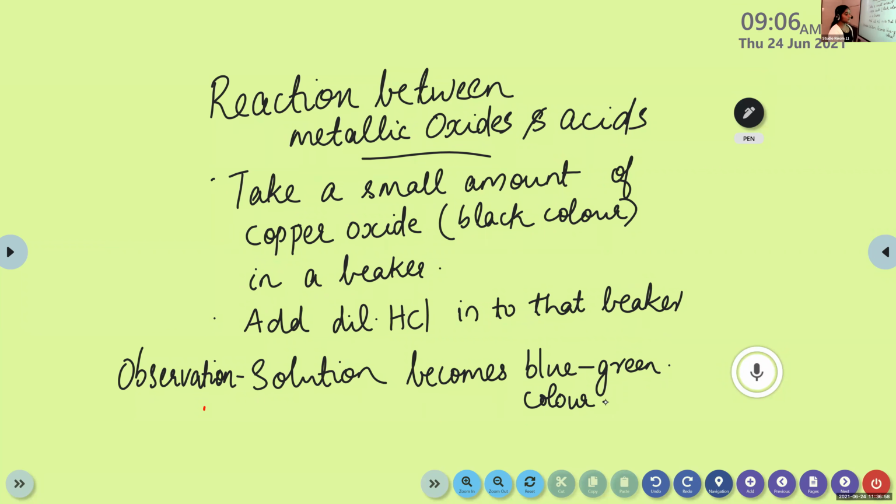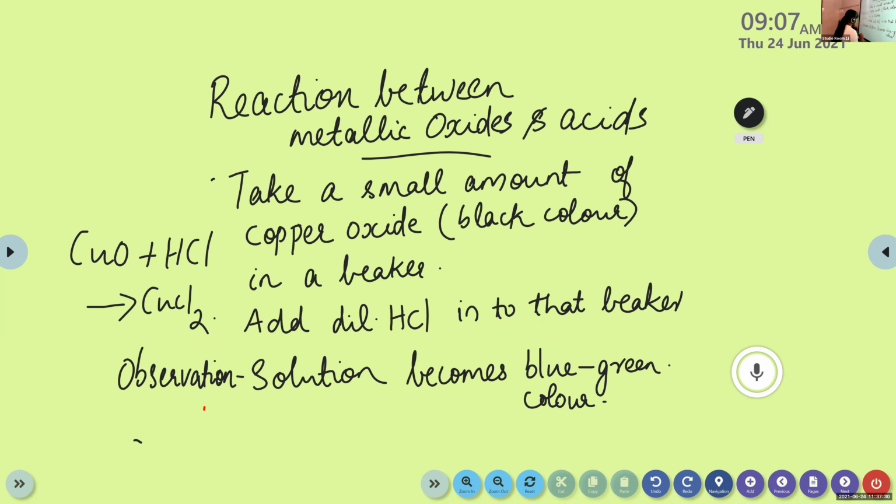And here, this blue-green color is due to the formation of copper chloride. Here the reactants are CuO, copper oxide, and HCl. These two are the reactants. And the product obtained is CuCl2, copper chloride.